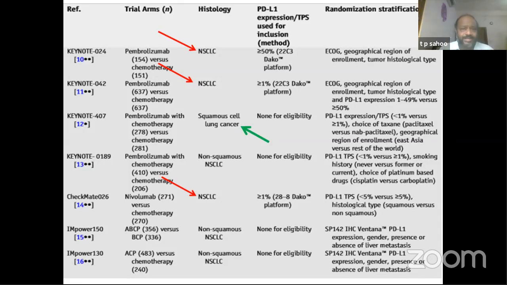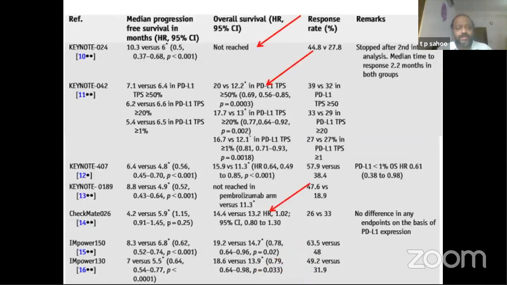And what the data is, if you look at the non-small cell trials where they looked only at the PDL values, not at the histology, we know these trials tell you that adding immunotherapy or using it alone beyond a particular PDL value of 50 has made a significant difference. All of us have been doing that. What strikes me is that for the squamous cell, if you look at Keynote 407, the median OS was much inferior in statistical terms in contrast to the non-squamous.